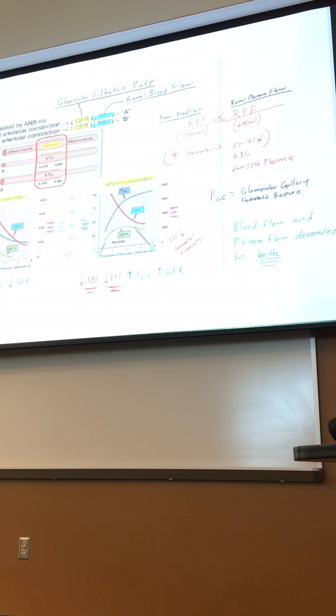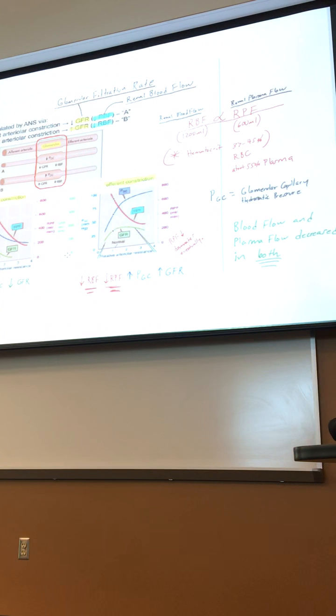If you're limiting the amount coming into the glomerulus, then clearly the hydrostatic pressure in the glomerulus is gonna come down. So if that goes down, the renal blood flow goes down, obviously.